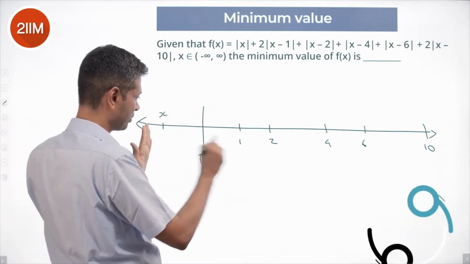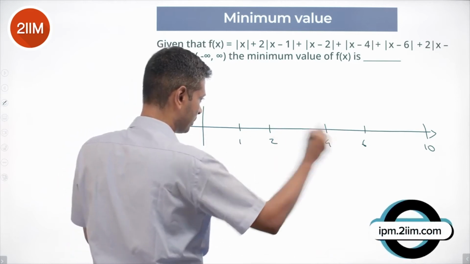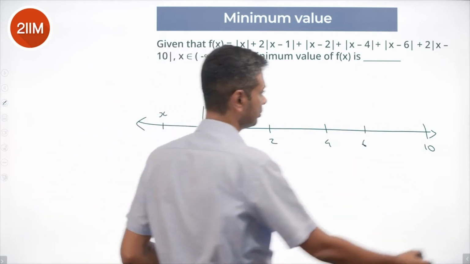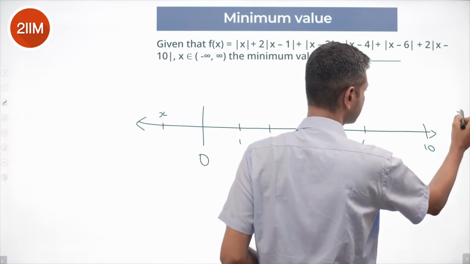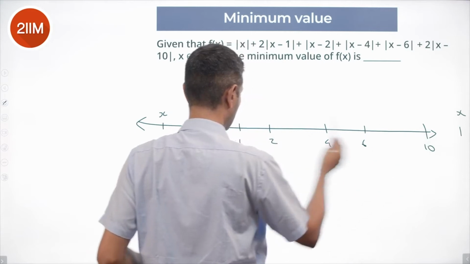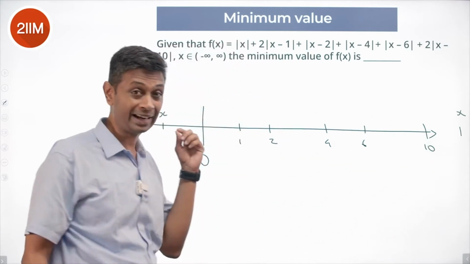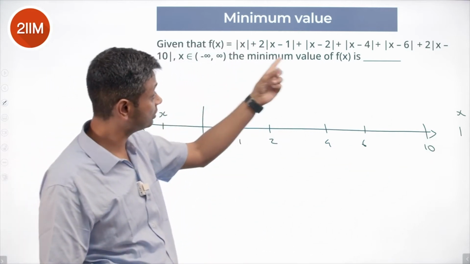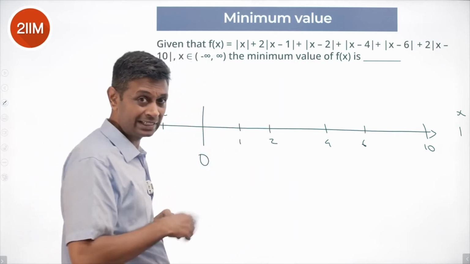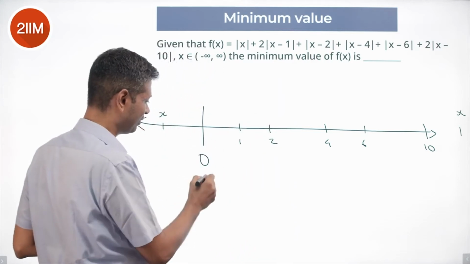X minus 0, x minus 1, x minus 2, x minus 4, x minus 6, x minus 10. I'm calculating all these distances. Suppose x were here. X minus 10, x minus 6, x minus 4, x minus 2, x minus 1, x minus 0. I'm adding all these distances. It's a 2 times. If I'm adding all of them, it is better to add from here.